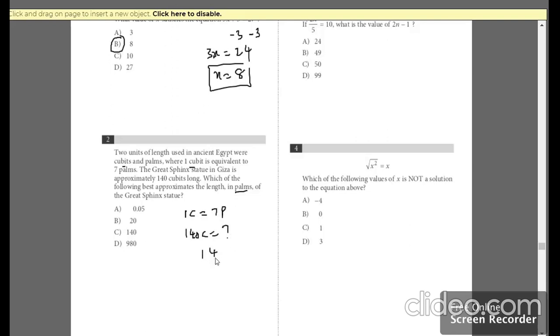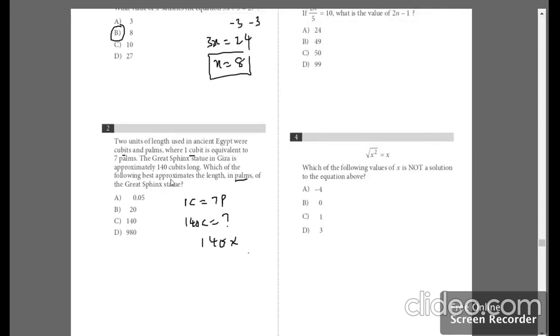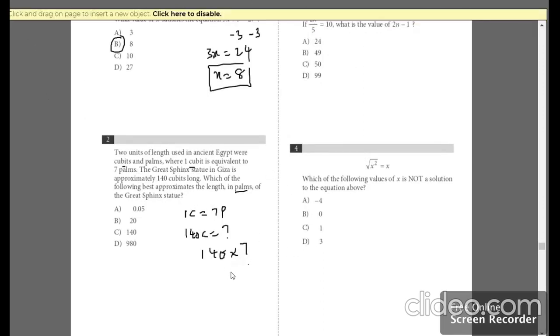It's simply 140 times... sorry, it's not 9, it's going to be 7. So since 1 cubit is 7, 140 times 7 is exactly 980. So D is our option.